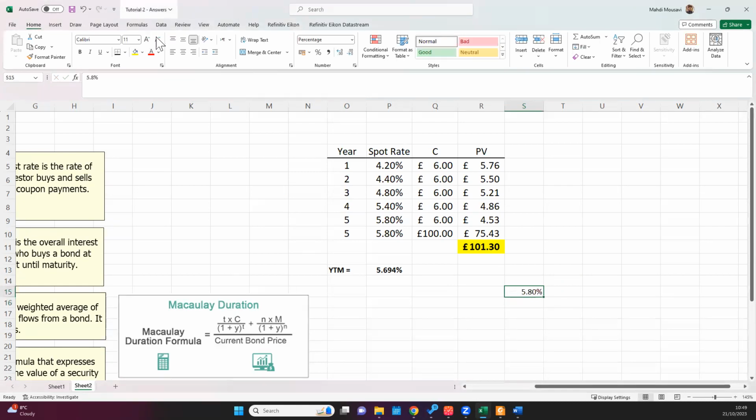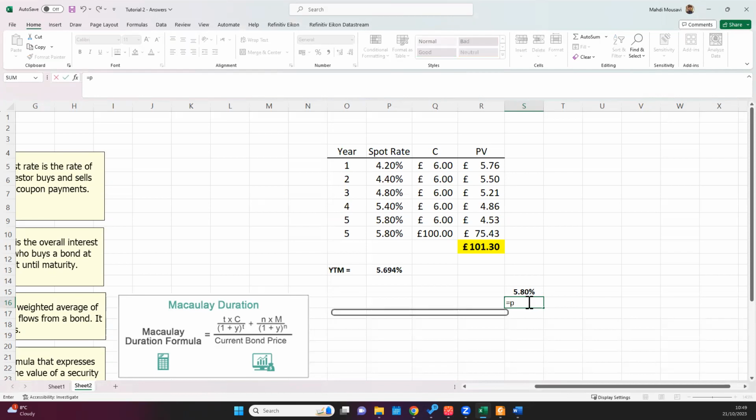If we try this rate and discount cash flows using this rate, let's see what is going to happen. So the price of bond present value would be equal to 5.8 as the rate, number of periods, which is 5, and the payments, which are -6, and the future value, which is minus 100.